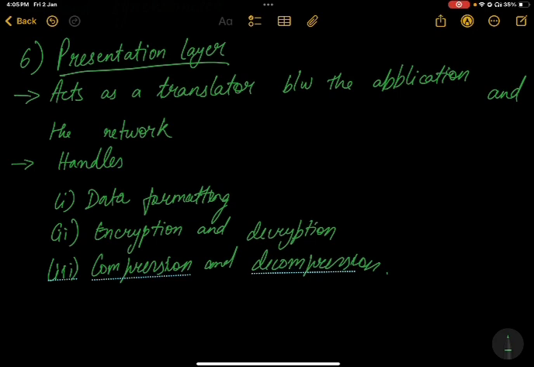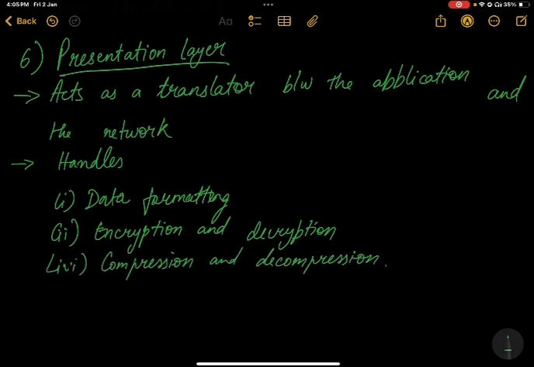This ensures that the data sent by one system can be understood by another, even if they are of different formats or encoding schemes, so they can understand each other.